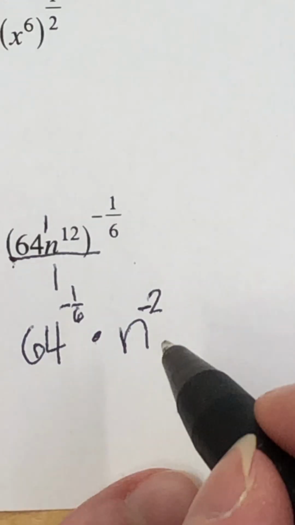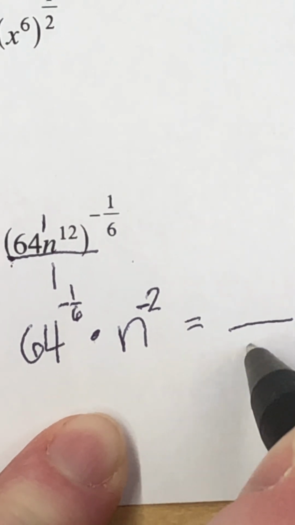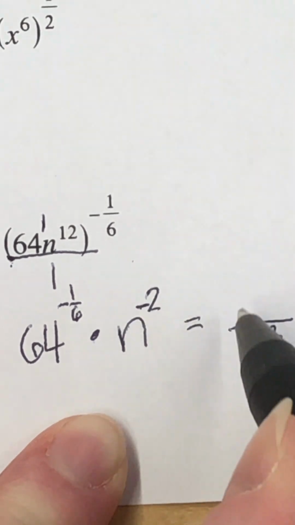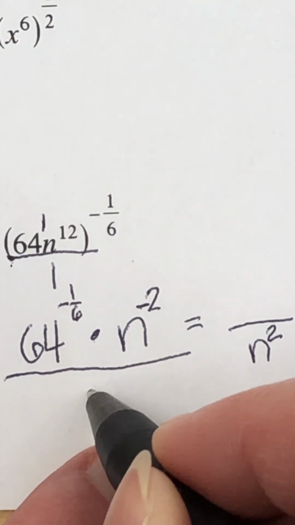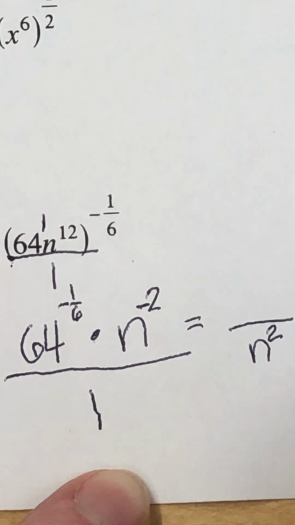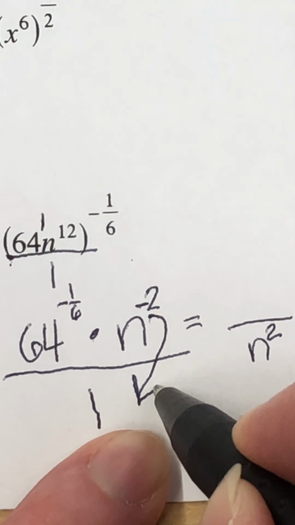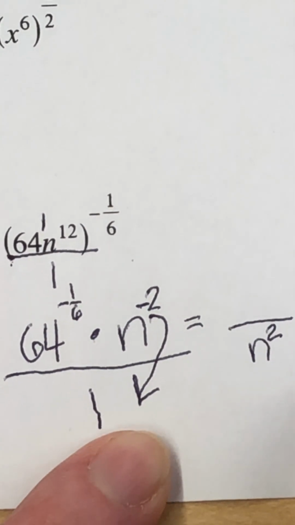So what does this mean? This n squared has a negative sign that says move me to the other part. So it goes down to the bottom, because remember this is like a word, so it's like it's over 1 if we change this into a fraction. So it says move me, and I move down here. This is also going to be a move me, so this answer is going to end up in the denominator.